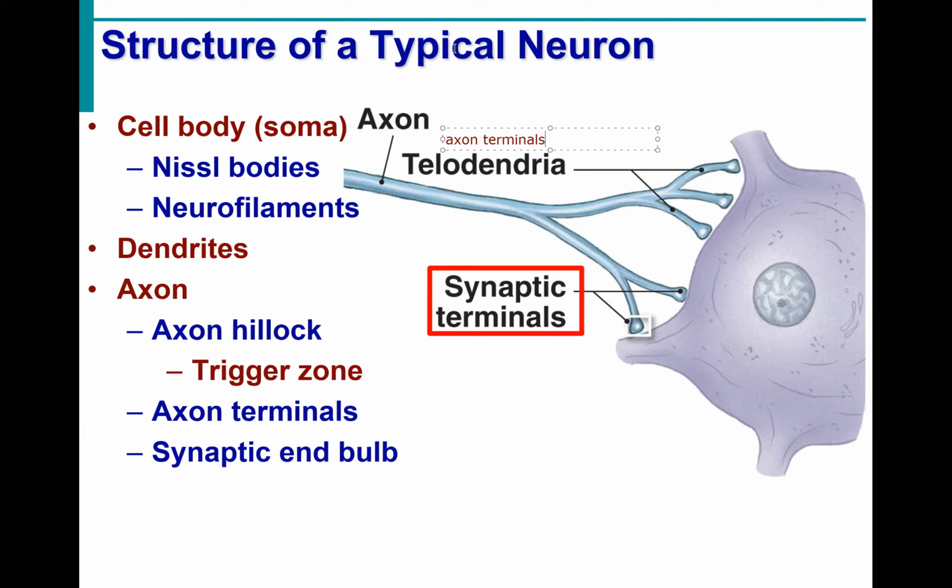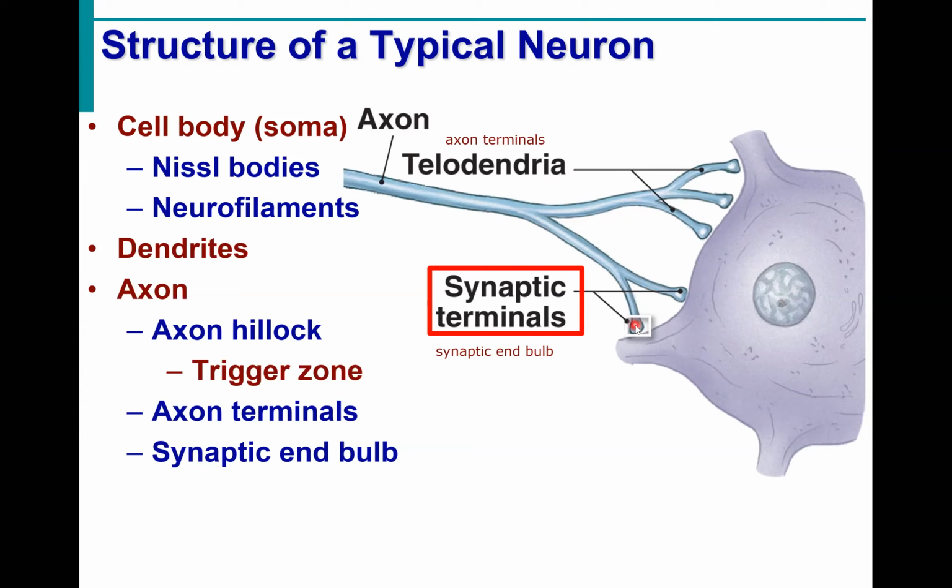We're using the term synaptic end bulb, but again, they're interchangeable. And like I said, there are easily a half dozen more terms that are used for these as well. The key is that we have a single axon that branches into multiple branches when it nears the end of it.